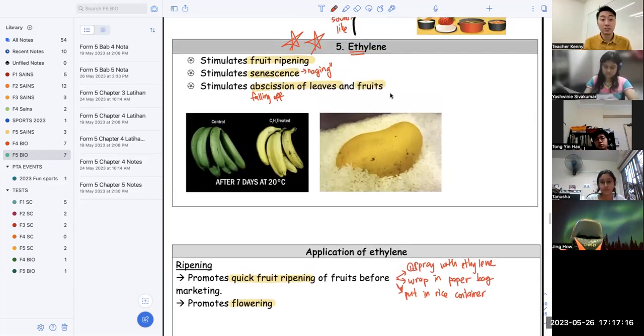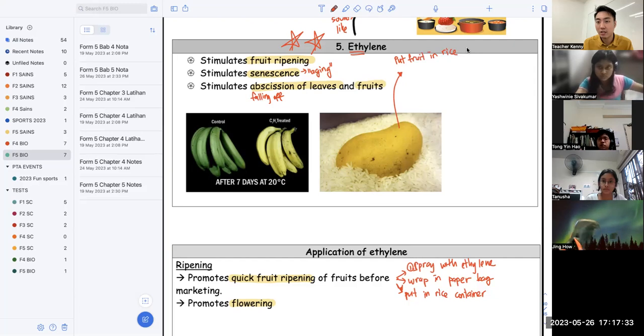Okay, now essay focus. Suggest a way, and I'll give you all the points for the essay. So let's say if they give you this picture, then: put fruit in rice container.